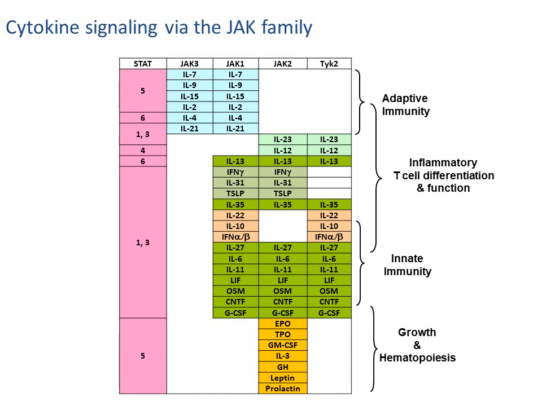STAT5 uses IL-7 for JAK3 and JAK1, IL-9, IL-15, IL-2, IL-4, and IL-21. These are the gamma cytokines, and they are present in the white blood cell lineage, and they are associated with an adaptive immunity response, as shown on the top right. So JAK1, JAK3, many different cytokines.